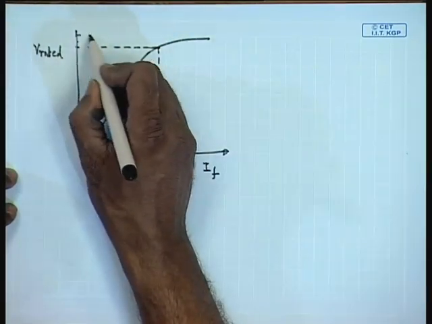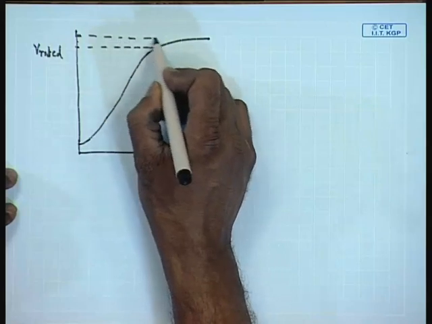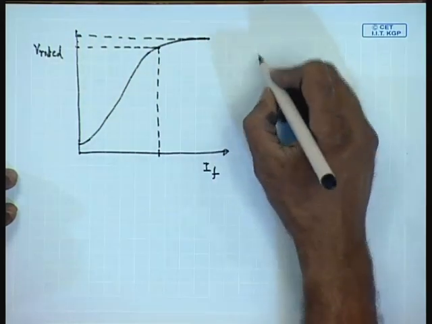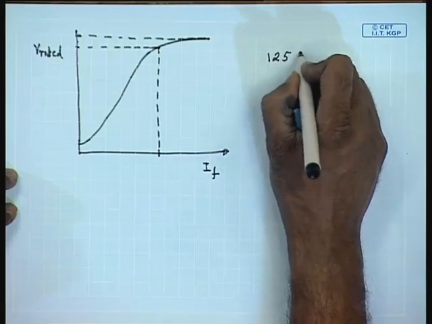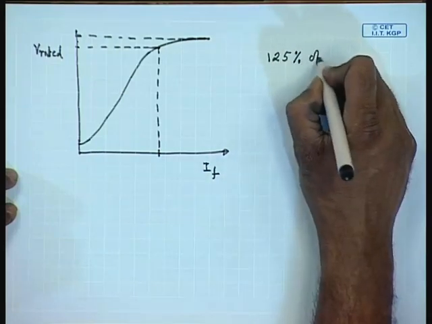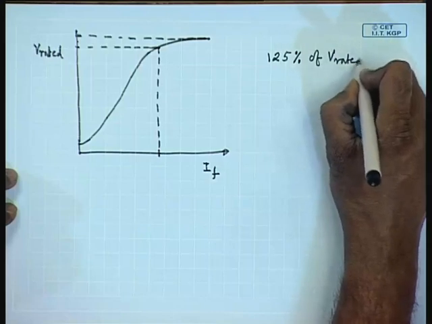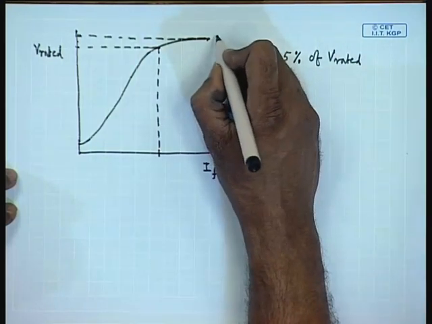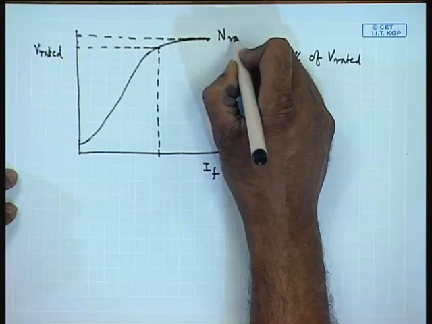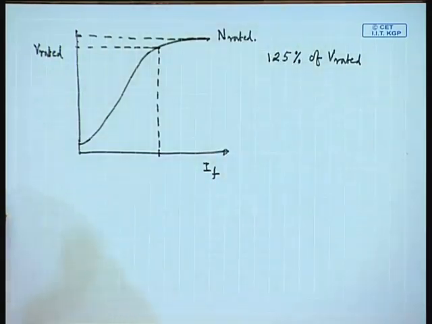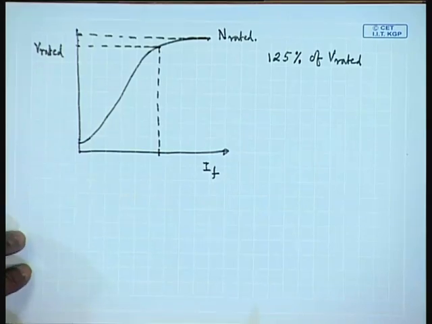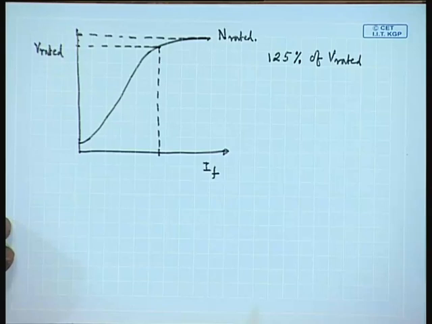The OCC is determined up to a value which is about 125% of V rated. This OCC is normally obtained at the rated speed of the generator. However, as we have mentioned earlier, the OCC for any other speed can be obtained by multiplying the OCC of the generator at rated speed by the ratio of the speeds.